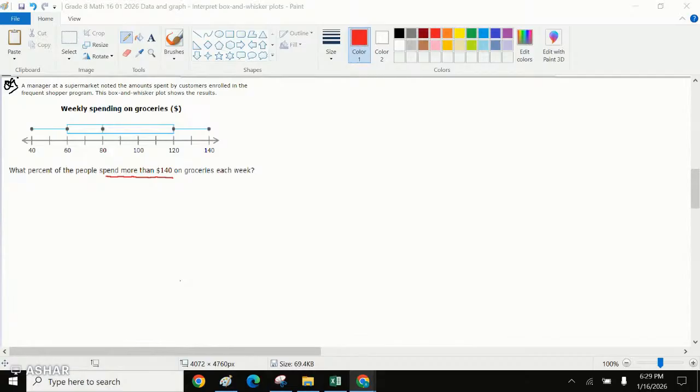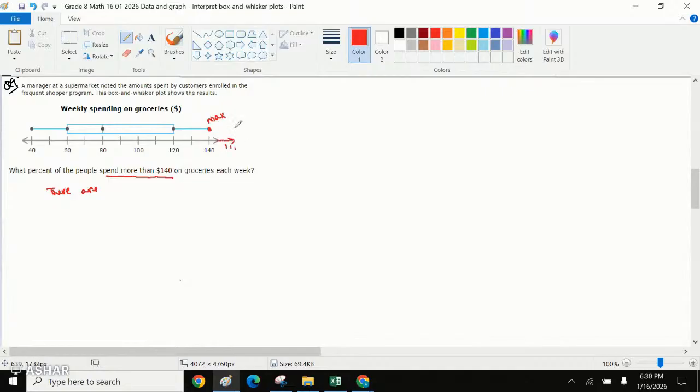Spend more than. Is there a number more than? The maximum is at 140. That means more than 140 would mean somewhere over here.